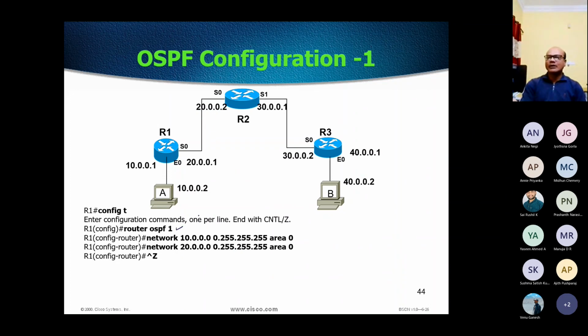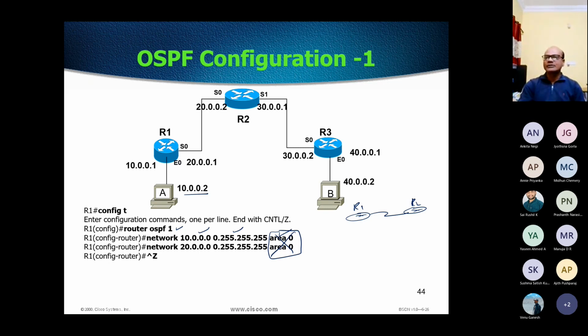Make sure the value here should also be the same. Then network: you want to advertise your network with the wildcard mask and the area. Remember, for point-to-point networks, where 2 routers are directly connected, it doesn't require you to configure the area, not required.